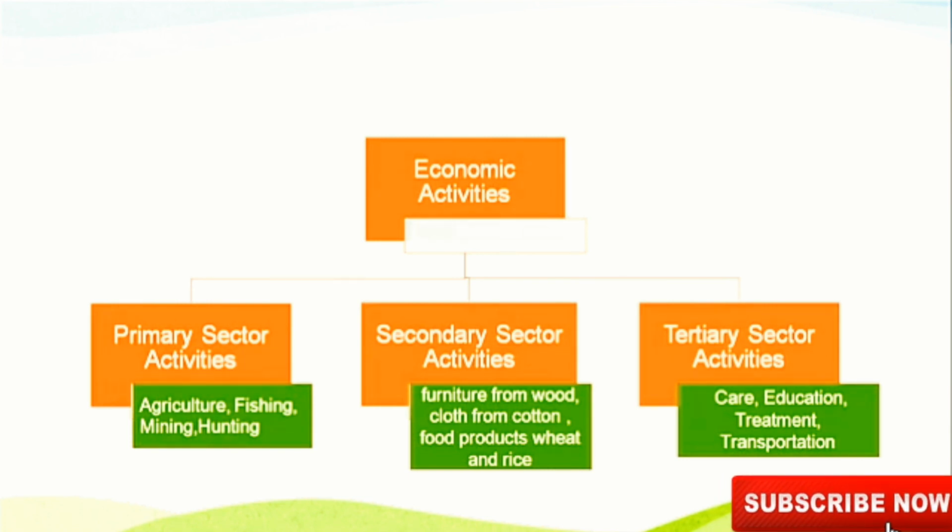Now, there is a tertiary sector, and activities like care, education, treatment, transportation, all are related with the tertiary sector. So, the educational institutions as well as the economic institutions deal with the regulation of these economic activities.